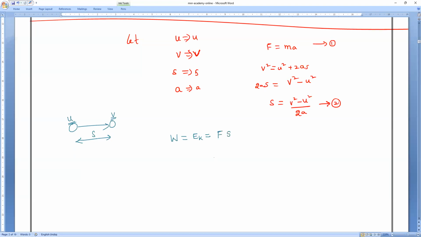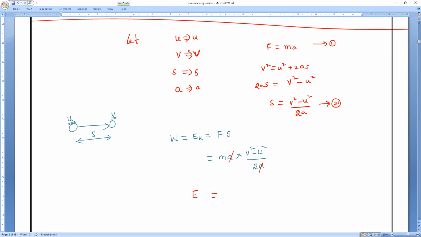Force into displacement. So force is equal to mass into acceleration, into displacement, which is equal to what? v square minus u square divided by 2a. Okay, everybody understood? Yes. So acceleration gets cancelled.